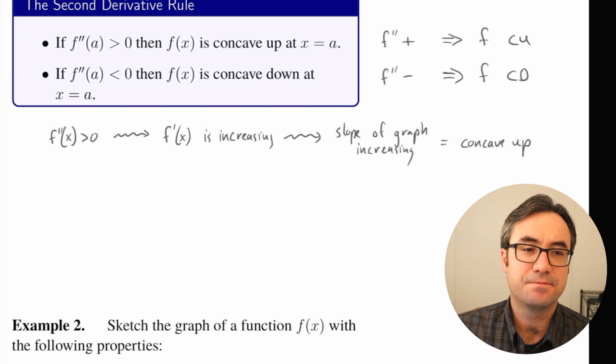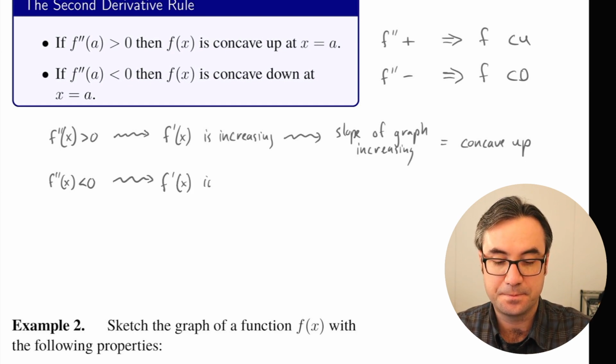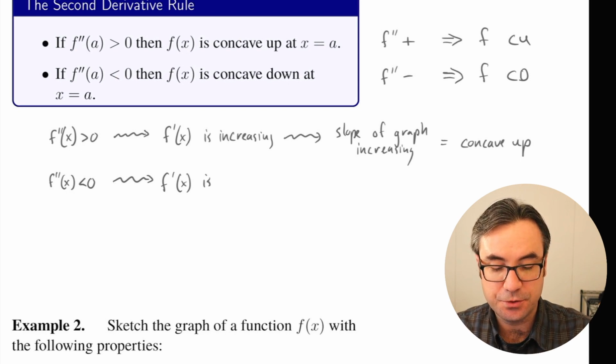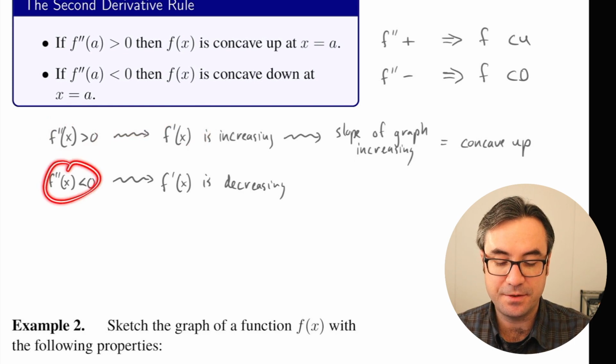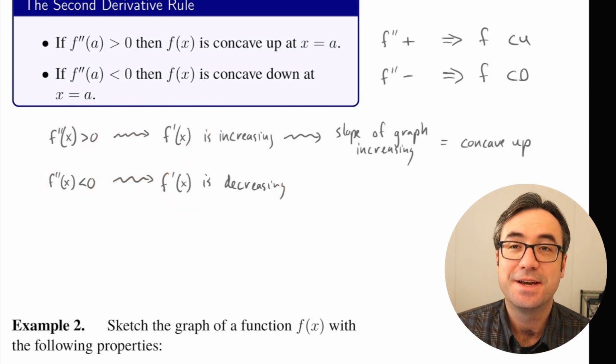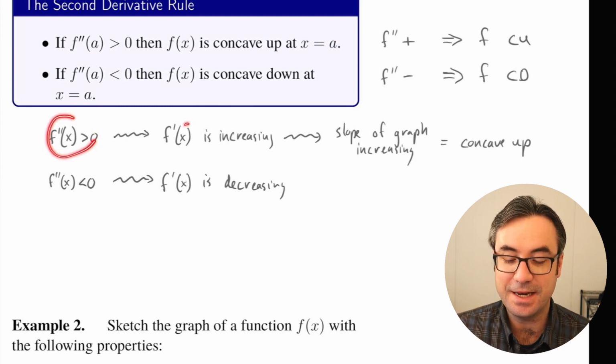And there's something similar for if the second derivative is negative. If the second derivative is negative, then the first derivative is decreasing. And why this is true is that going from this step to this step, we're applying the first derivative rule, but now we're applying it to the second and first derivatives.